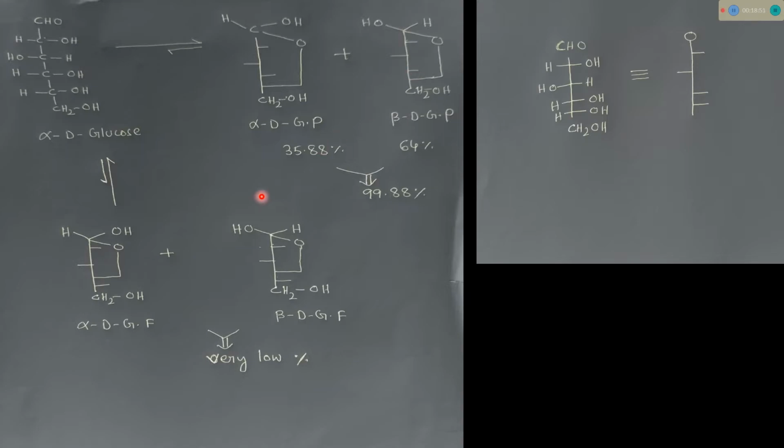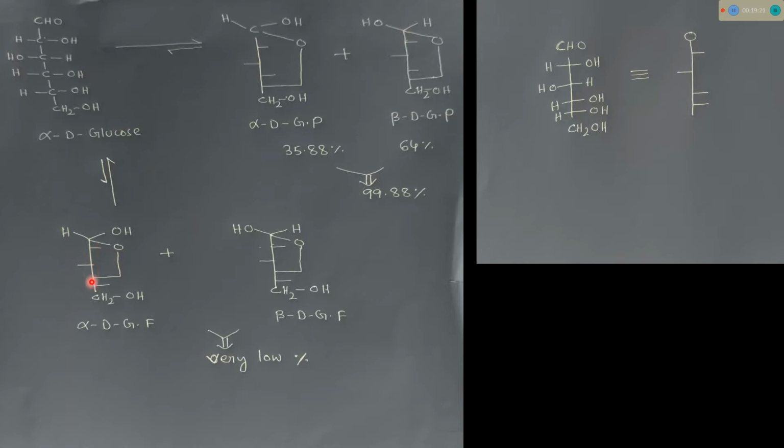Now see, this is a very small proportion, very less amount of cyclic form. Let's consider these two forms. See, in this furanose form, this is one way and this is one way, so 1,2-diol in cis manner. This OH 2 and 3 is 1,2-diol in trans fashion.